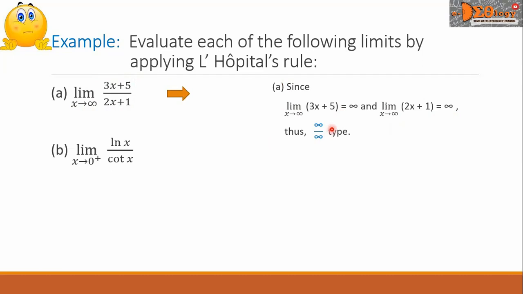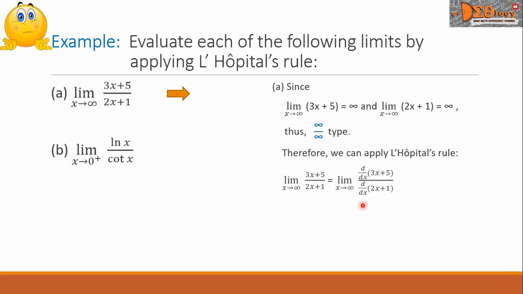Thus, this is of the infinity over infinity type. Therefore, we can apply L'Hopital's rule. Let us copy this same problem down here, and by L'Hopital's rule, we will take the limit of the derivative of the numerator over the derivative of the denominator as x approaches infinity.